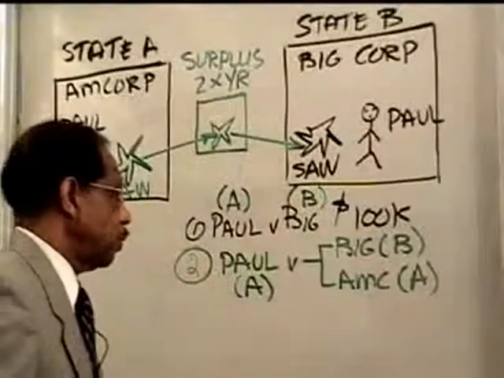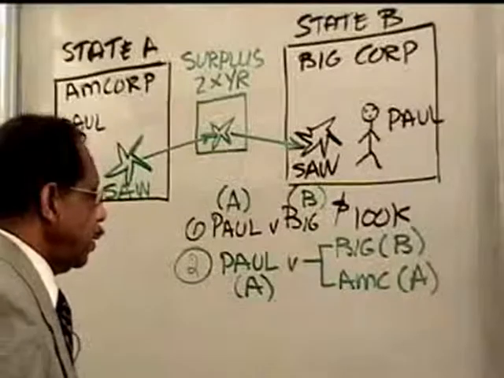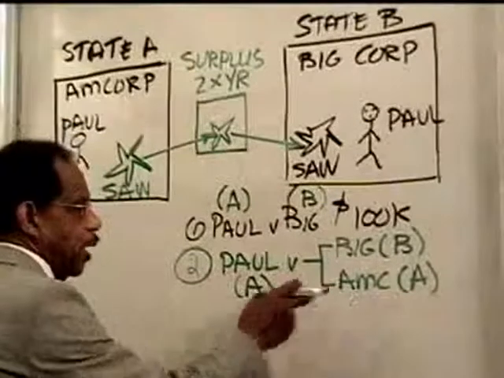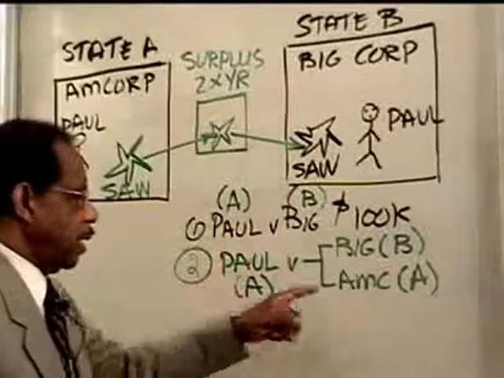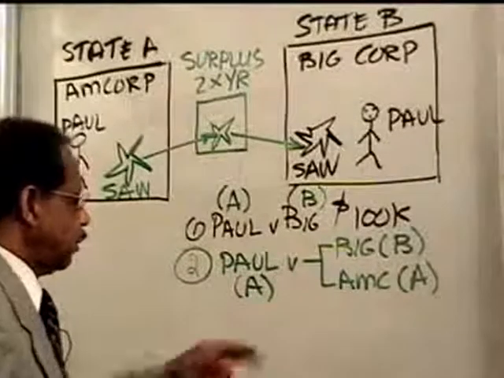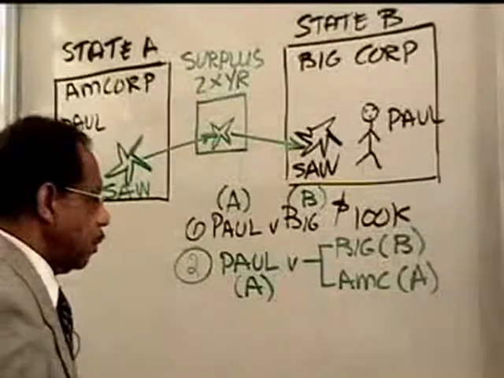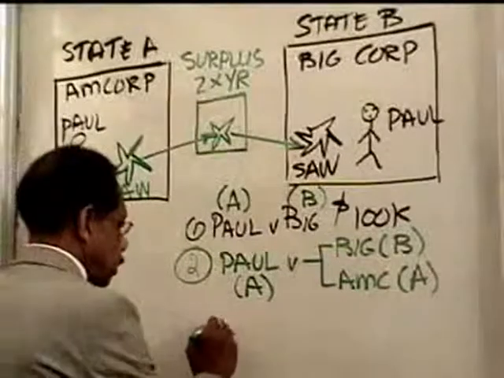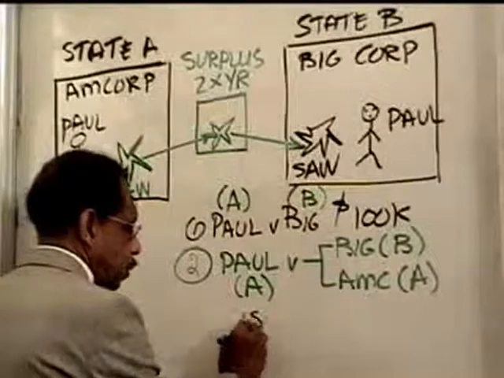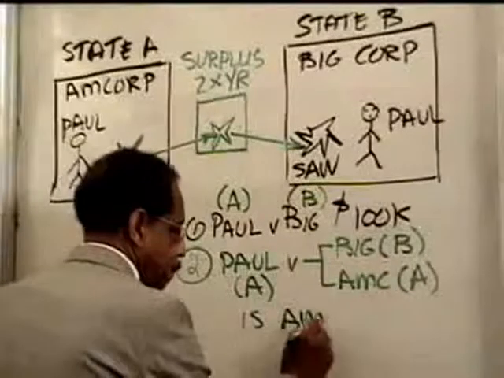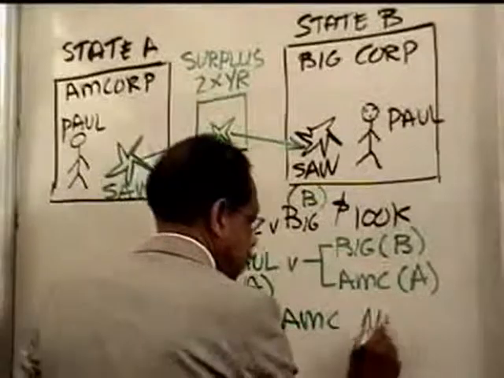Now, what is the real rule? Well, the real rule is that indeed Paul cannot join Amcorp, but what we have to do is see how big a deal it is that he cannot join Amcorp. We need to see, first of all, is Amcorp necessary?